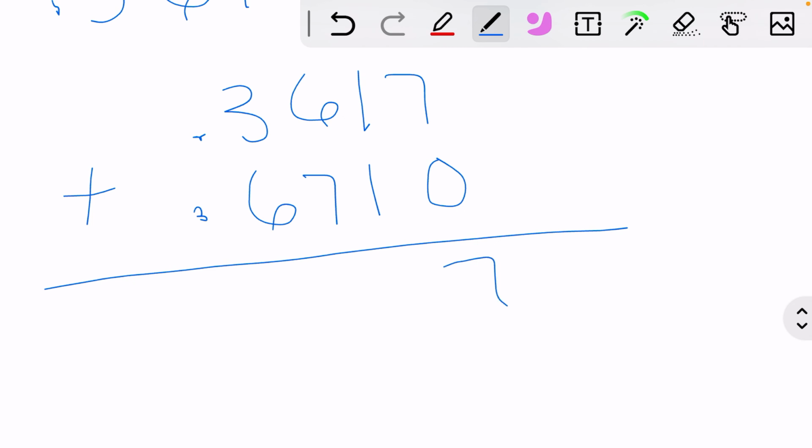So it's going to be 7, 2, 3, and this is going to be 1.0. So 0.3617 plus 0.6710 is 1.0327.